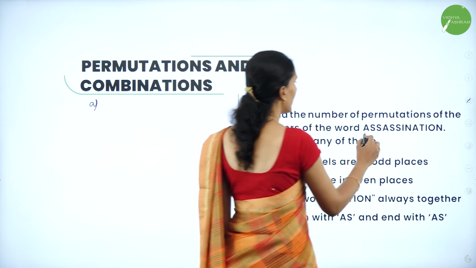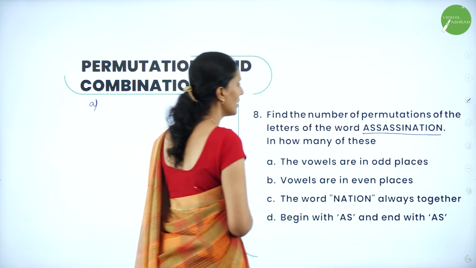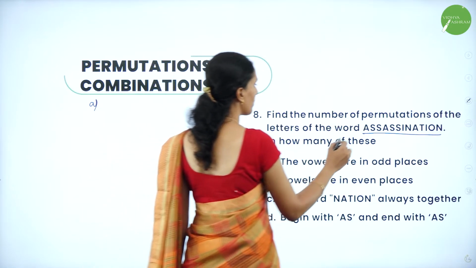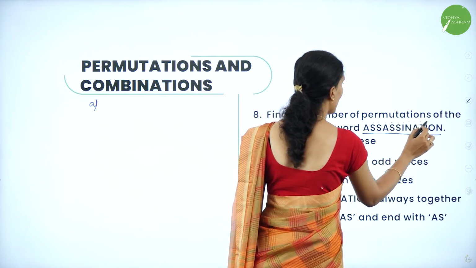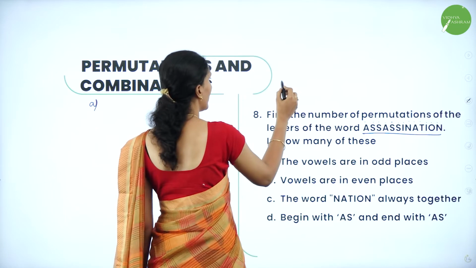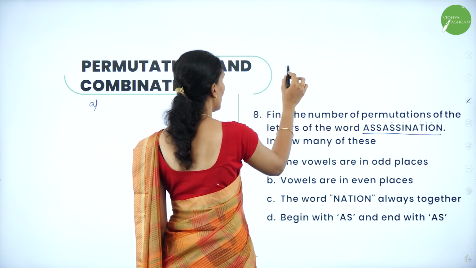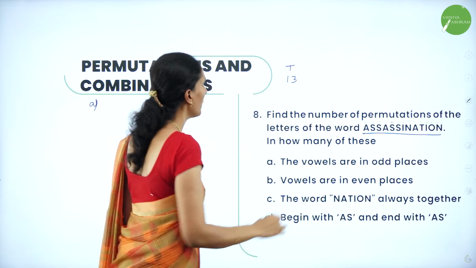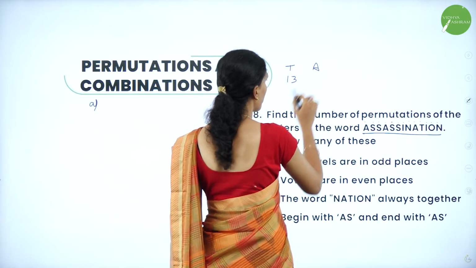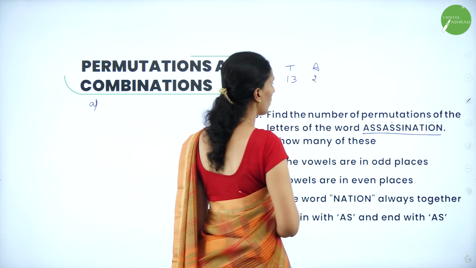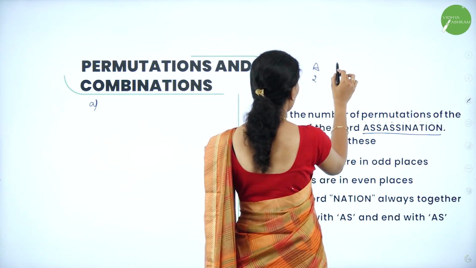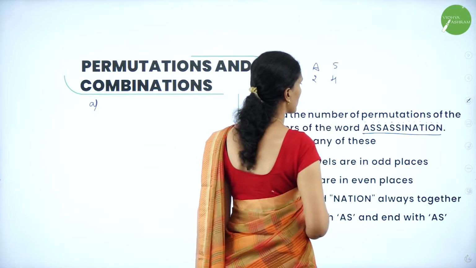Okay. First look at the word assassination. So how many total letters do we have? 1, 2, 3, 4, 5, 6, 7, 8, 9, 10, 11, 12, 13. So we have 13 letters. How many times is A repeated? 2 times. Next, how many times is S repeated? 4 times.